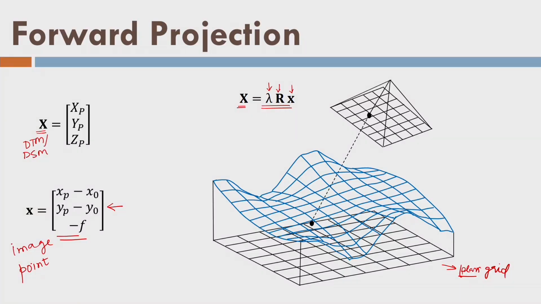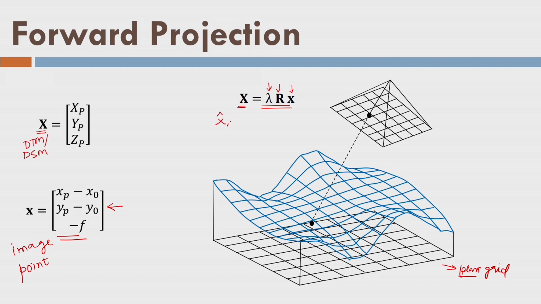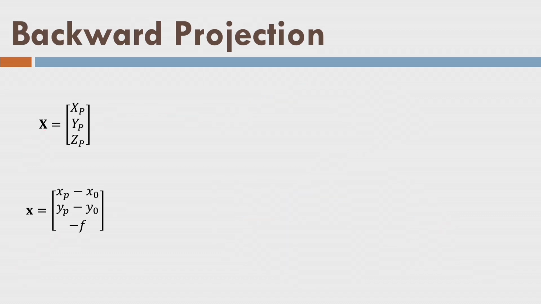So using that, I will determine X, Y and Z. Let us say this X, Y, Z is X hat, Y hat and Z hat for point P. They are calculated values. I already have this value, so I can find out what is the error here between the two. So that process is called forward projection here. Forward projection is little complicated to understand, but we have another process called backward projection, which is quite easy.